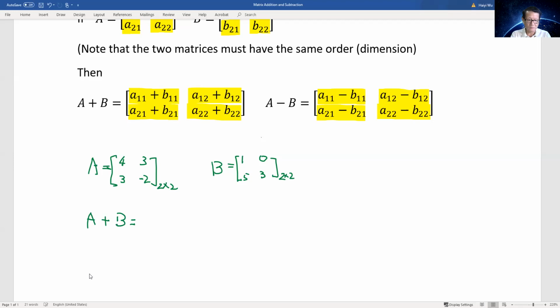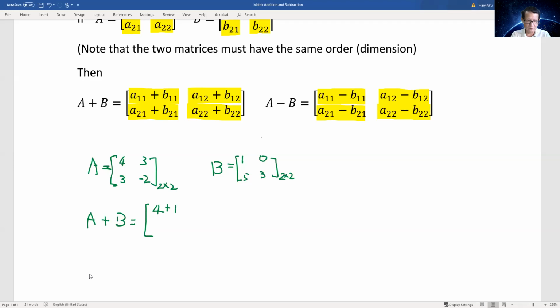According to our formula, we're adding corresponding elements. So 4 is first row, first column, then add the second matrix, same position, which is 1.